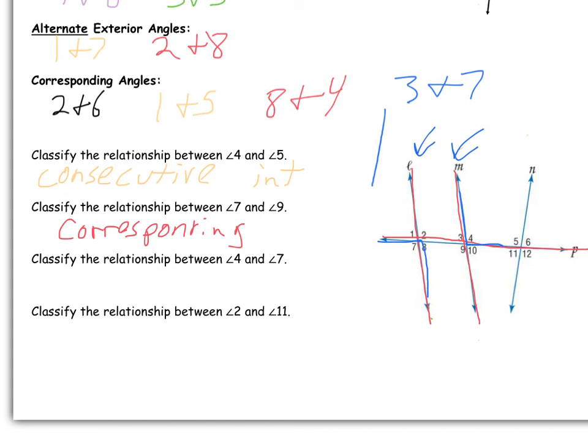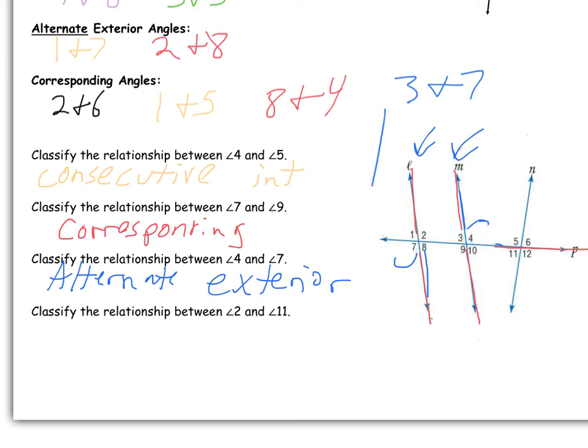They are also on opposite sides. We have angle 4 here and angle 7 here. So they are on alternate sides. So that is alternate exterior.